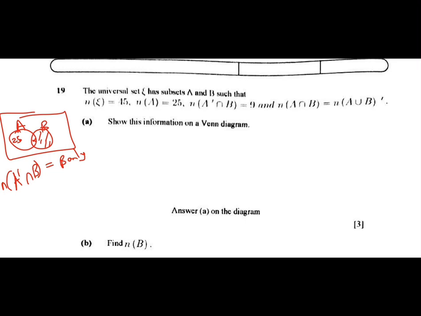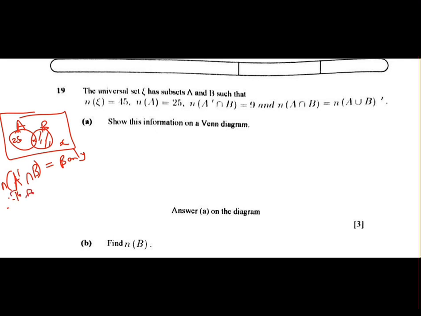We've been given that this number is equal to 9, so the elements found only in B is 9. We've been given this already. Now we need to look for the other ones.